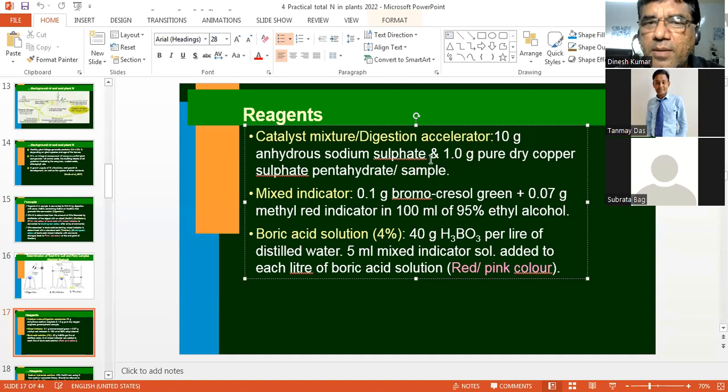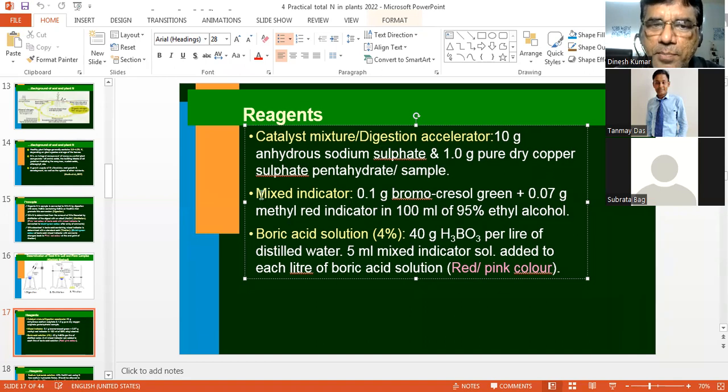So one can make it in bulk, and then for every sample you can use this much, in a 10:1 ratio: 10 grams of anhydrous sodium sulfate and 1 gram of copper sulfate.